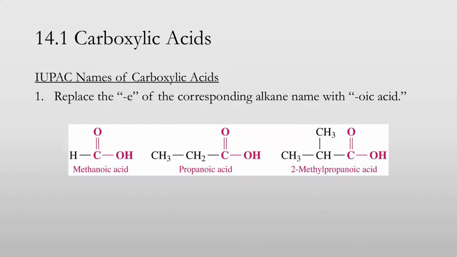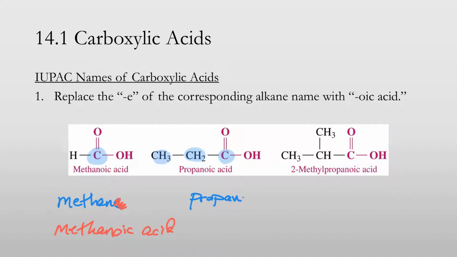Naming carboxylic acids, first rule is to replace the E of the corresponding alkane at the end of the name with oic acid. So what you do is you just look at how many carbons are there. This one has 1 carbon, so that comes from methane. You take out the E and you put oic acid. Methanoic acid. And then for the next one, you've got 1, 2, 3, which comes from propane. Take off the E, and then you get propanoic acid.